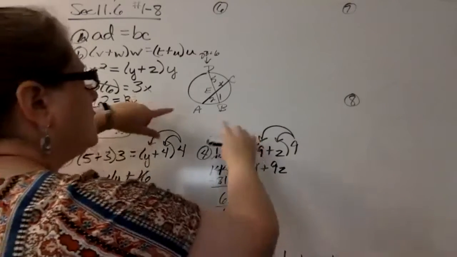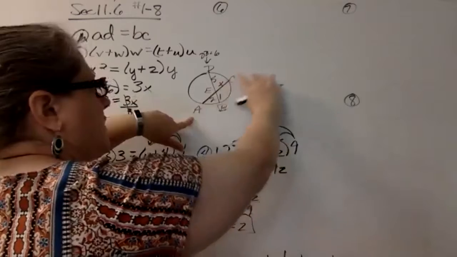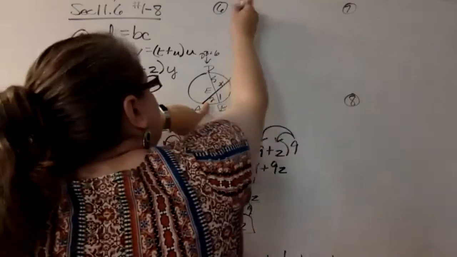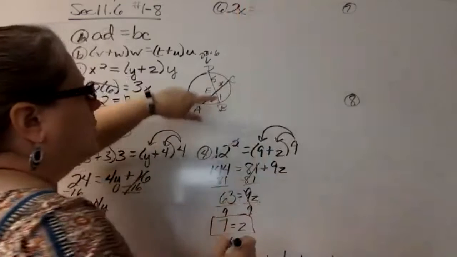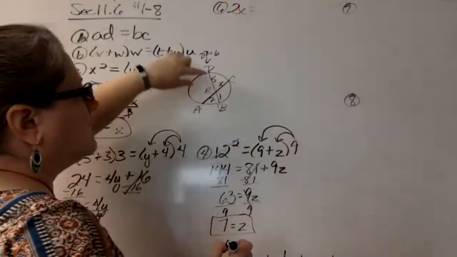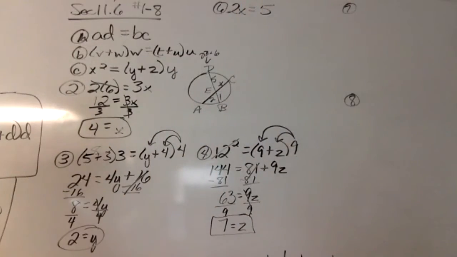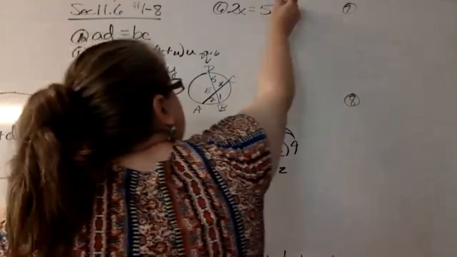So when I'm multiplying these from A and C, I have 2 times X. And then that's equal to multiplying on D and B, which is 5 times 1, which is 5. If you want, I'll still write 5 times 1, but you know it's 5.